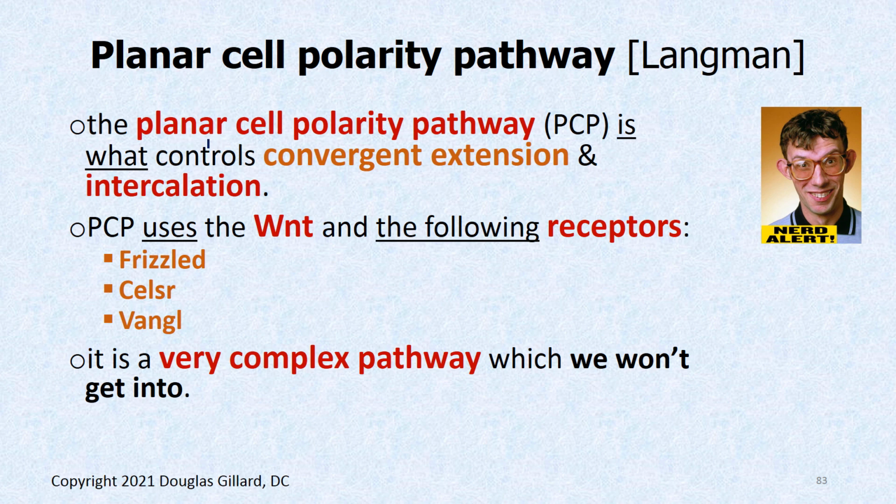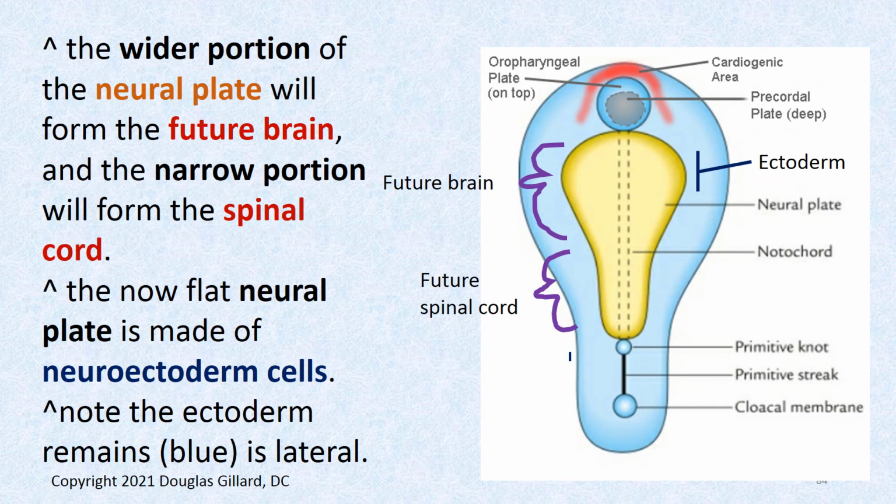It involves mainly Wnt, the gene product Wnt. Remember, that's the one that turns on nodal, right? But it does other things. Wnt can bind to these receptors, Frizzled, Celsr, and Vangl, and it causes these cells to intercalate and be tight together. So that's all I'll say about that. We don't need to know any more about that.